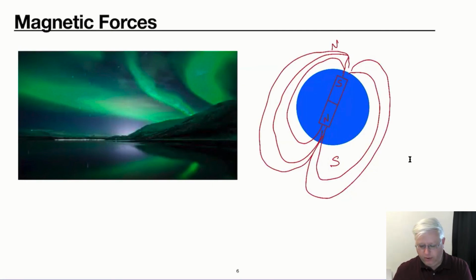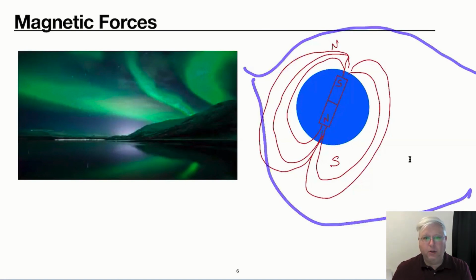And it's very important because it blocks out a lot of deadly radiation from the sun. And what happens here that's pretty cool is that when these particles from the sun come and hit, the magnetic field of the Earth bends them away, so that we're not exposed to all the radiation.